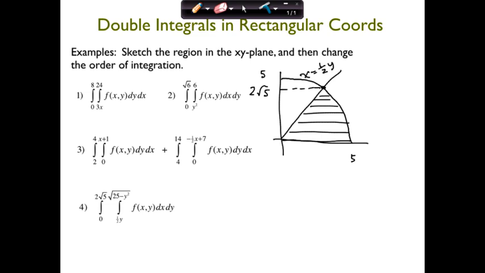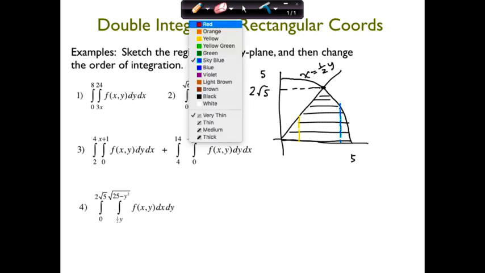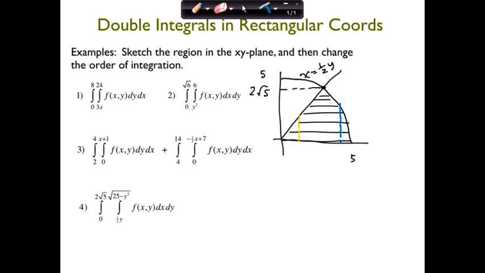For a typical x value here, the top is this line, but when we get to this x value, we have a different top, and the circle is the top. What are the coordinates of this point here? Radical 5 and 2 radical 5, right, because y is twice x.